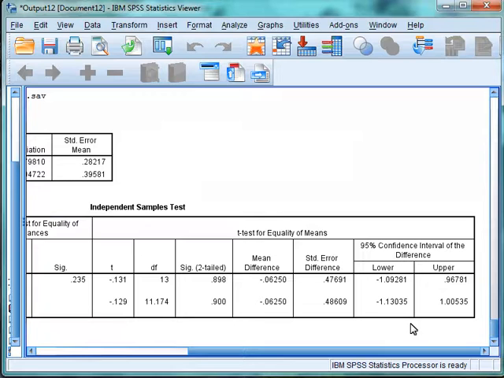To get the probability value for a one-tailed test, we would divide the probability value given by SPSS, the significance value, by 2, and this would give us the significance value for a one-tailed test. From the results of the t-test, we can conclude that there are no significant differences in the means of cognitive anxiety between males and females.